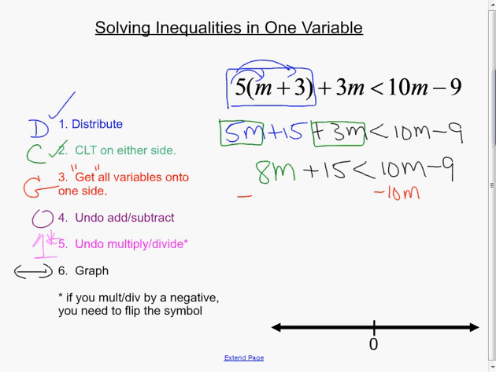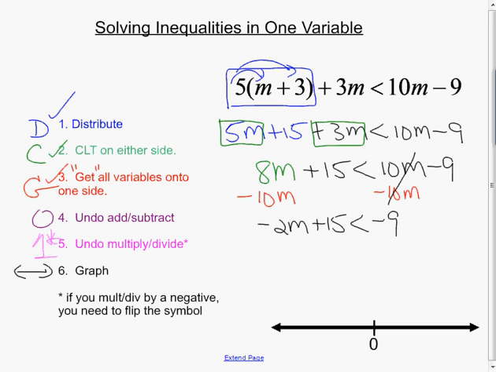And I will do that on both sides to adhere to the golden rule. And then I will write the result of that, which I will get negative 2m, bring down the 15, bring down the less than. That is a 0. And then I get negative 9 brought down. So that actually is my get step.